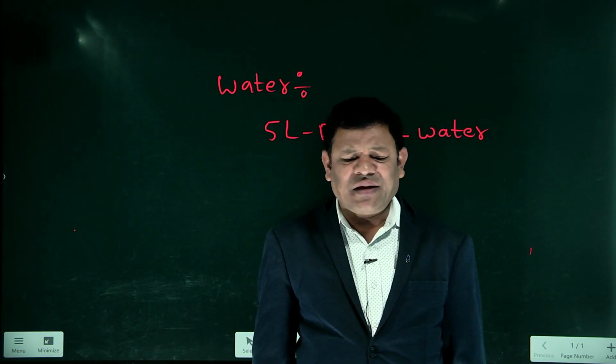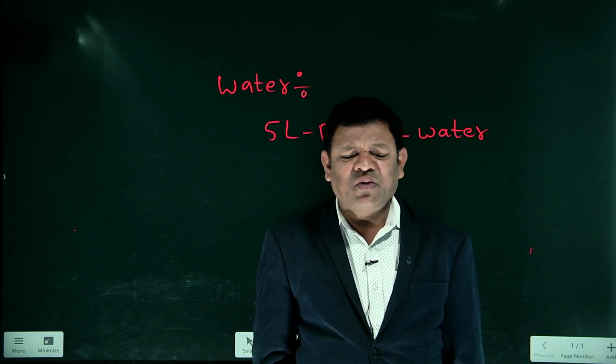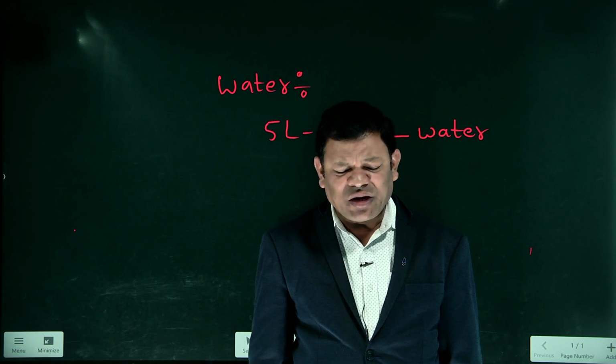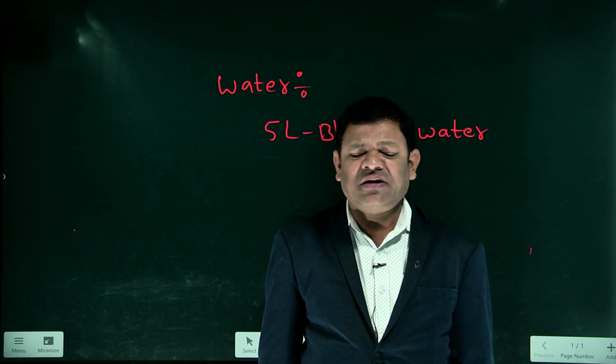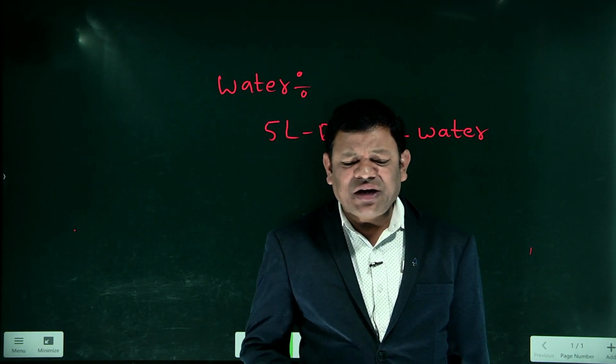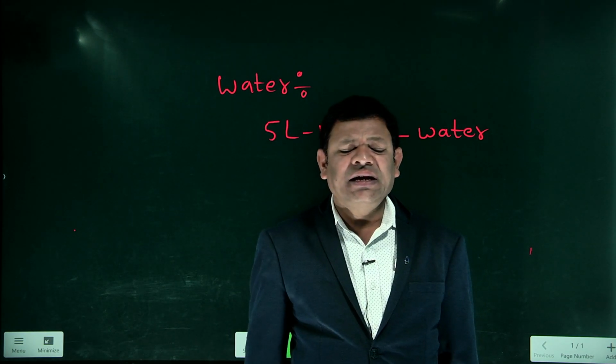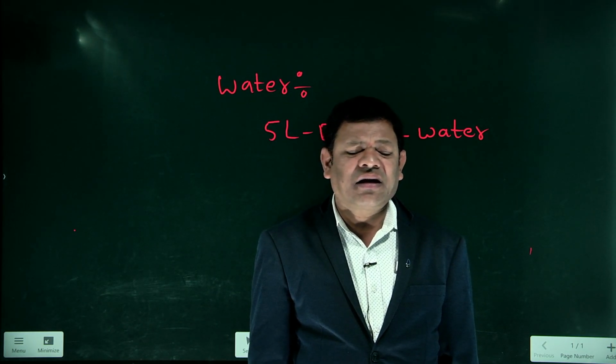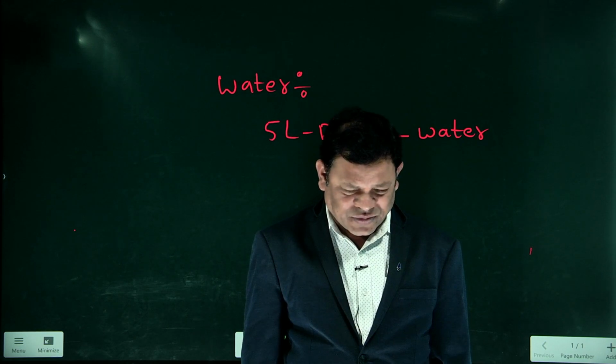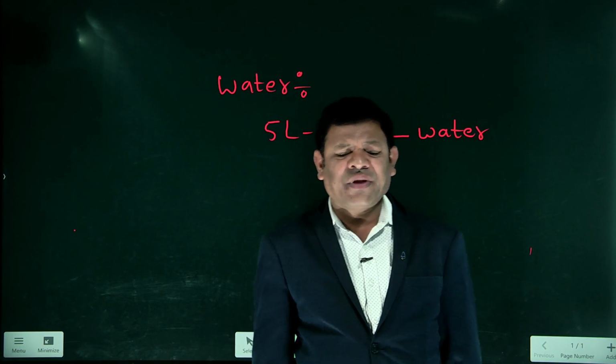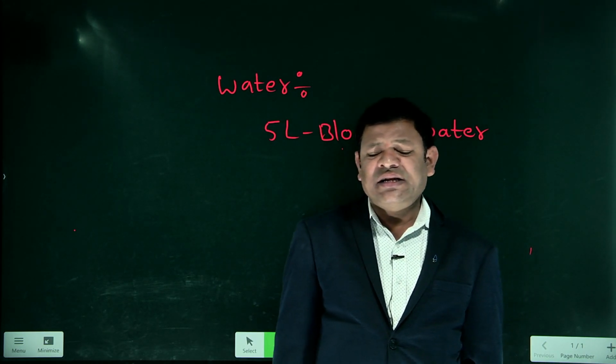At the same time, when we are doing so many metabolic activities, waste materials also form. That waste material is sent to the excretory organs through the water. Yes or no? That is the second point.